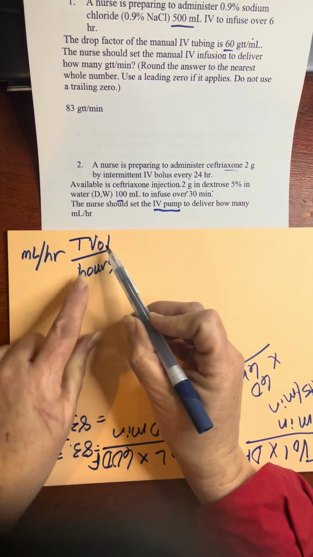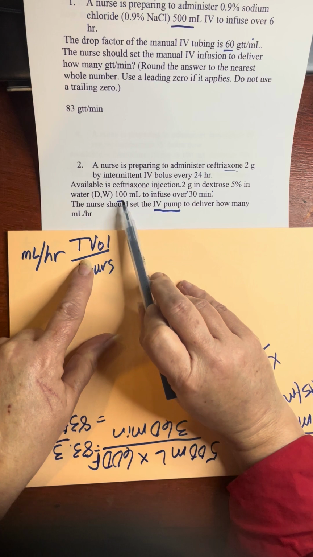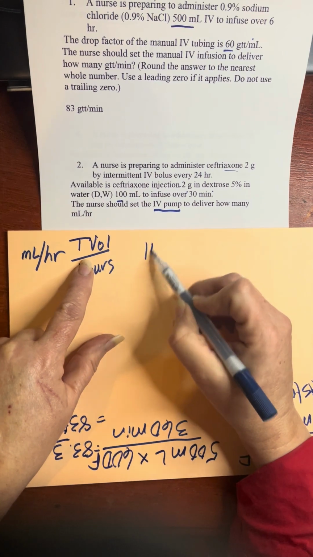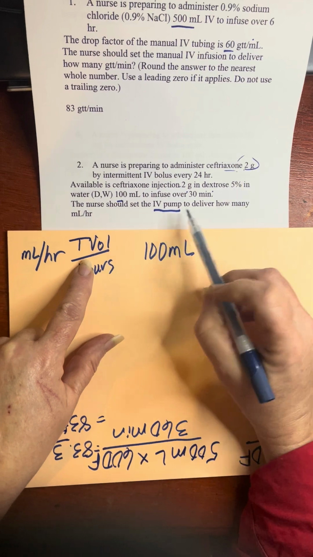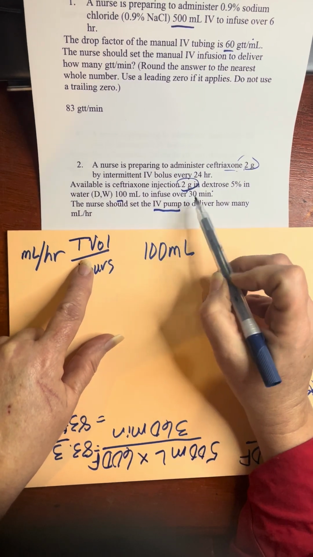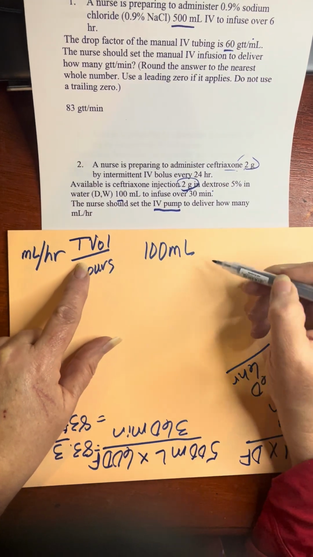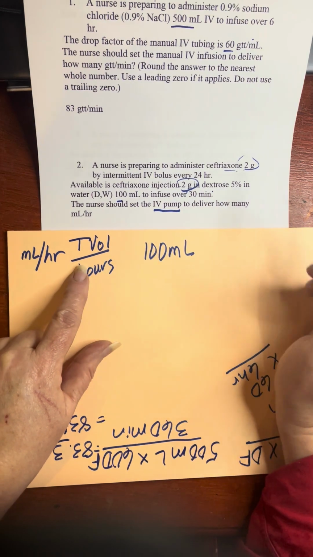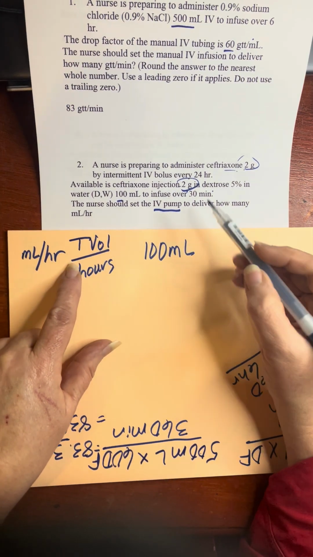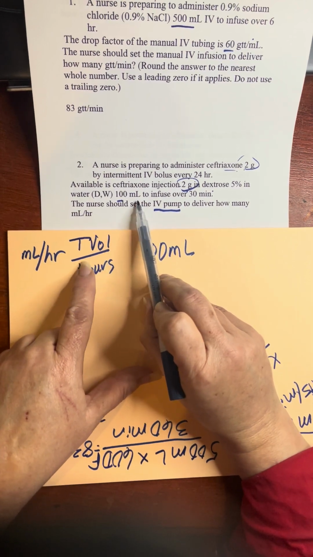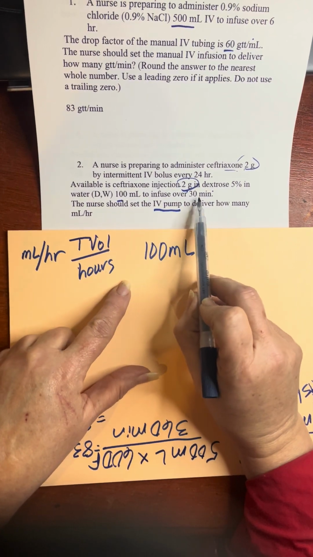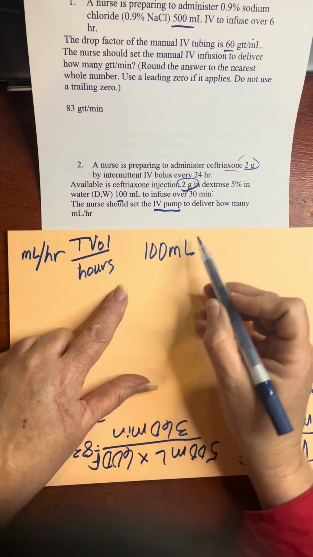Okay? So what's our total volume? 100 milliliters. Look, you see that 2 grams right there? And that one right there? They're distractors. So don't let them distract you, because to work this problem, you need to know the total volume and the time it goes in, and then the method.